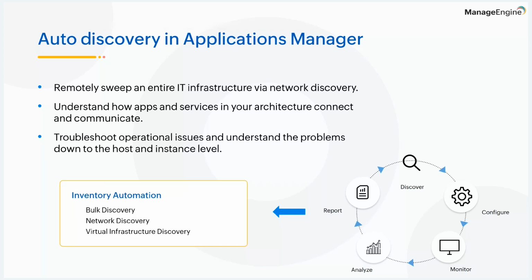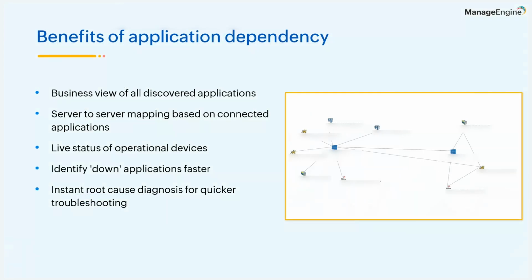With that, you can get a holistic view that could identify operational issues as well as understand the problems down to the instance level. In automatic discovery, we have inventory automation of 3 types, which is bulk discovery, network discovery, and also virtual infrastructure discovery.